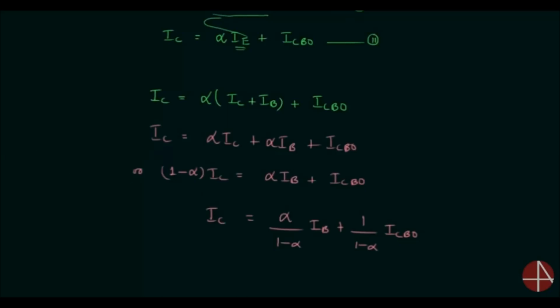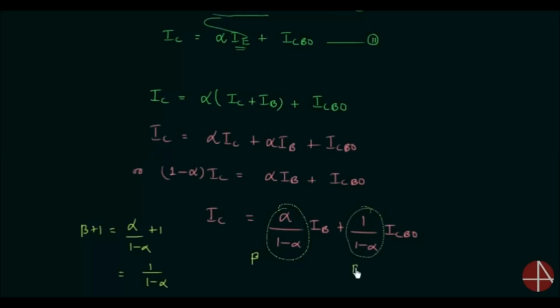Now this quantity, alpha divided by 1 minus alpha, is beta, and if beta plus 1 is there, this means we have alpha divided by 1 minus alpha plus 1. When you solve this, you will have 1 divided by 1 minus alpha. So 1 divided by 1 minus alpha is beta plus 1.